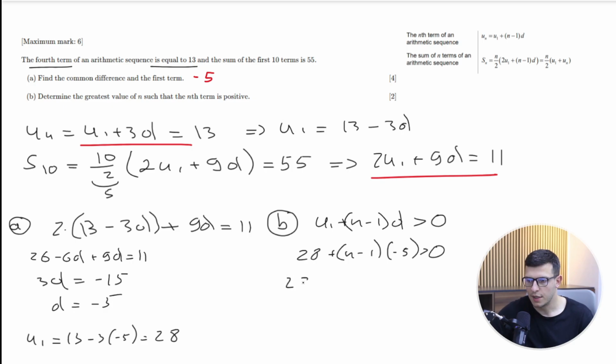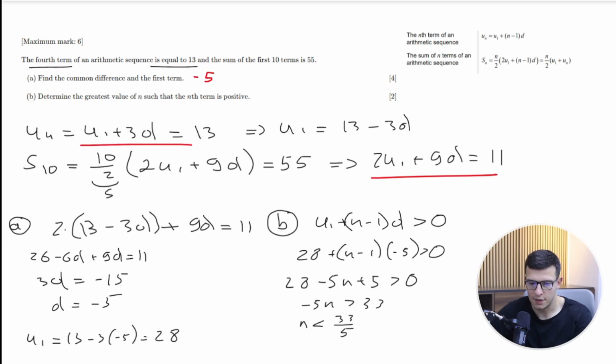Let's open the bracket. 28 minus 5n plus 5 has to be greater than 0. And you'll see negative 5n greater than, I want to say, negative 33. And we have to divide both sides by negative 5. When we do that in an inequality, we have to change the sign. Let's not forget that. n less than 33 divided by 5.